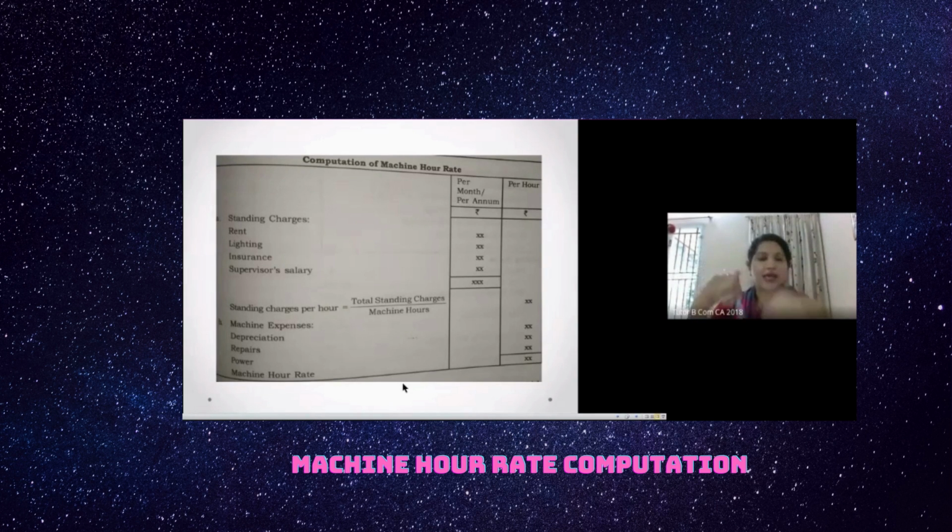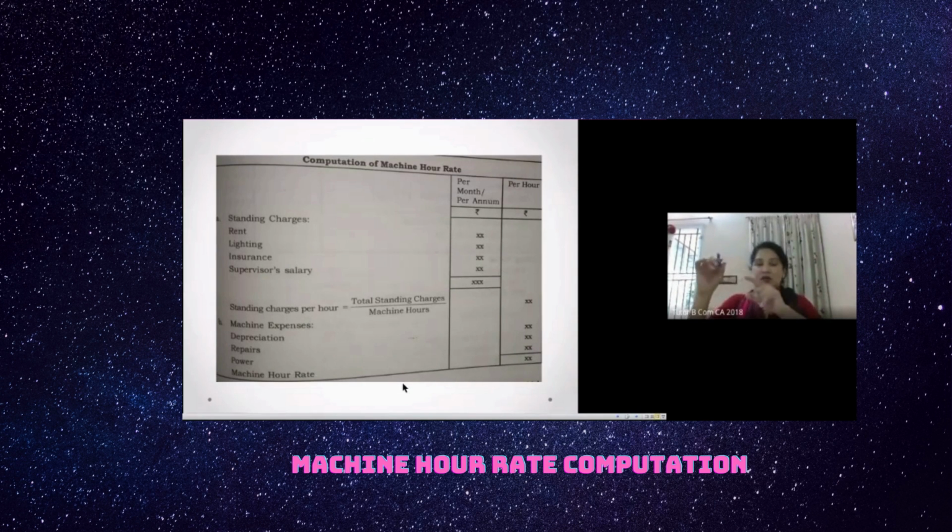Now, the second part is those expenses which are very much related to the working of that particular machine. If that machine is not working, these expenses will not be incurred. Such expenses are called machine expenses, which include depreciation, the wear and tear of the machine, maybe the repairing part, maybe other requirements for functioning like power, oil, or lubricant. All that is required for functioning of the machine.